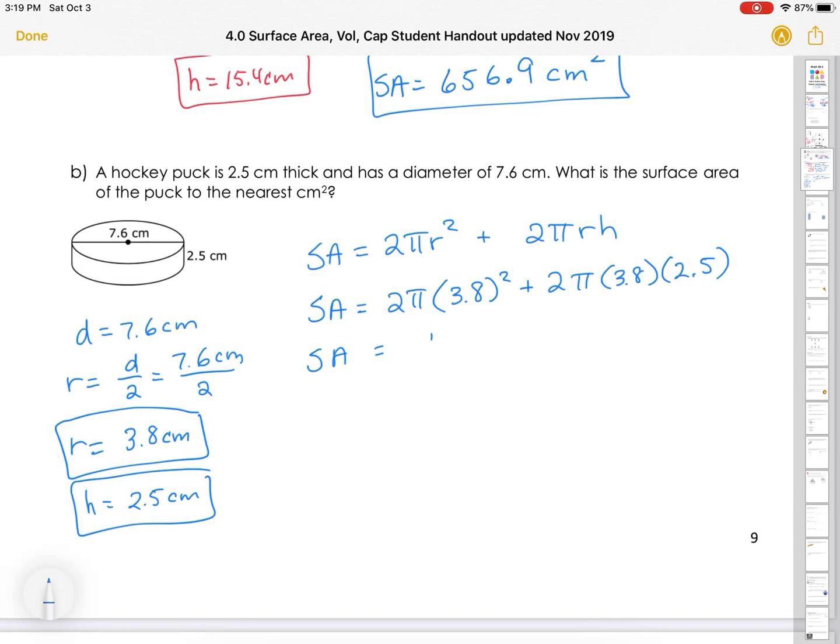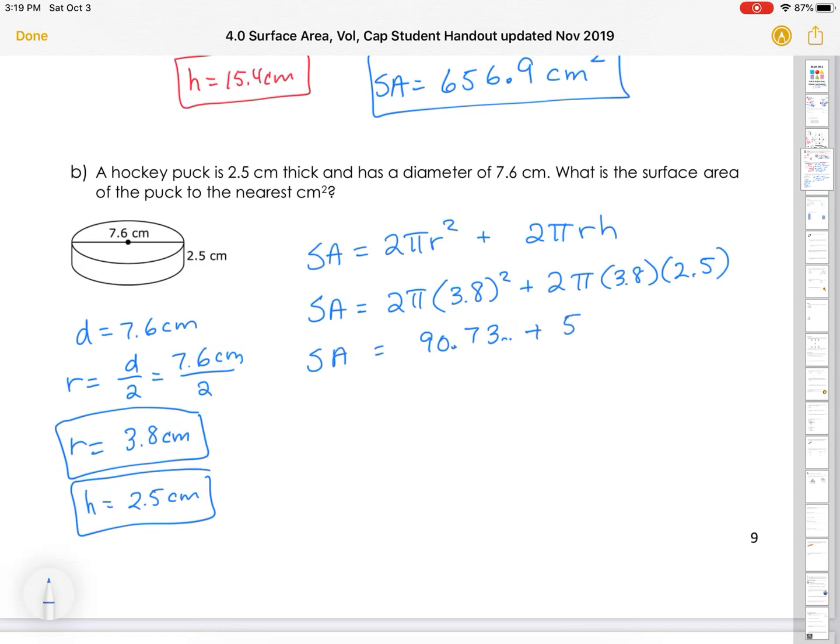We're going to multiply this first one. 2 times pi times 3.8 squared gives 90.7, and more digits after that.